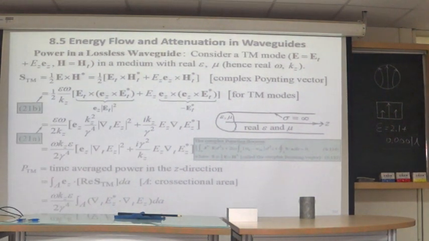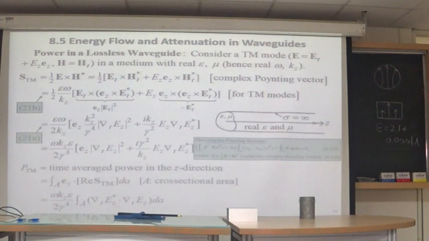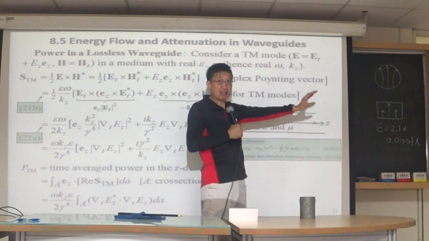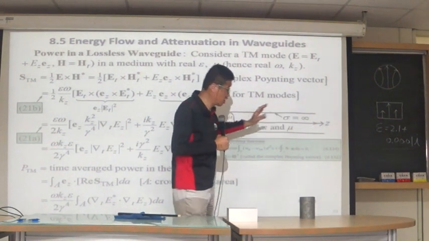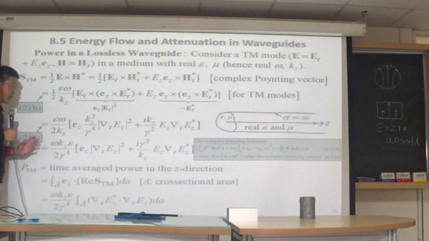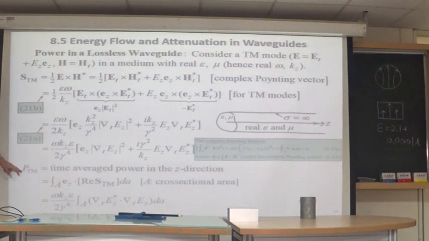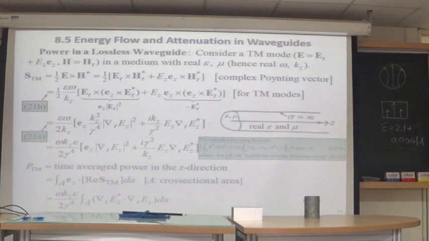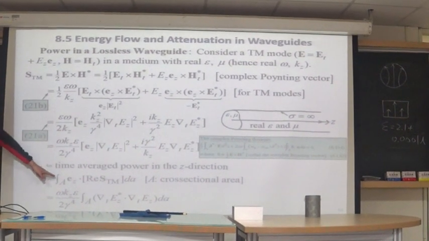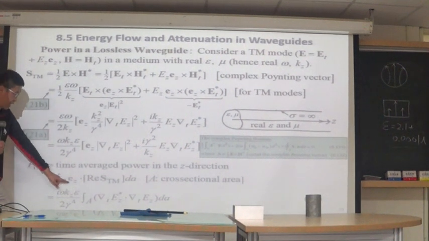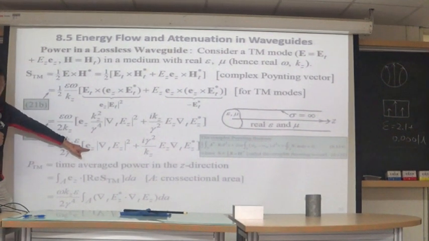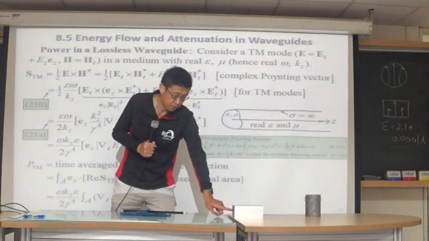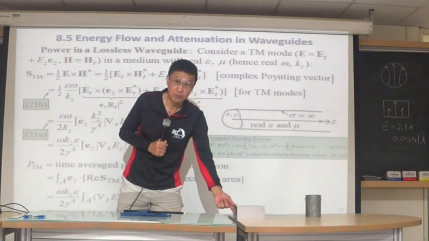Next step, we know the wave will propagate inside the waveguide just in the Z direction. So if we want to calculate the energy density, the power, we just consider the time average power in the Z direction. In that case, we just consider this one, because waves cannot propagate in the transverse direction, just in the Z direction.